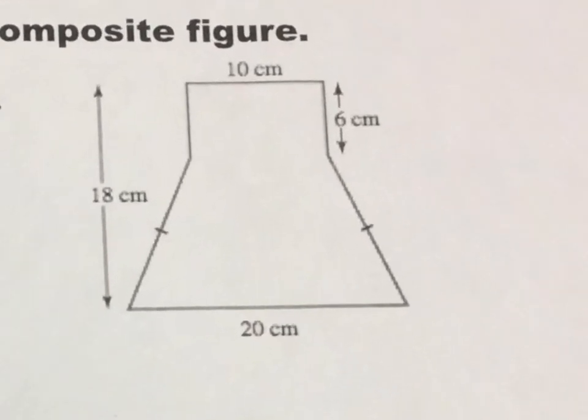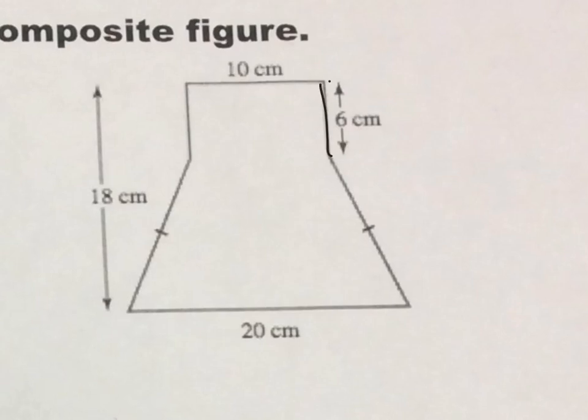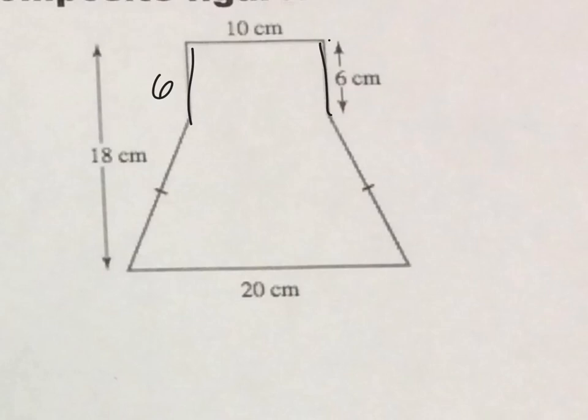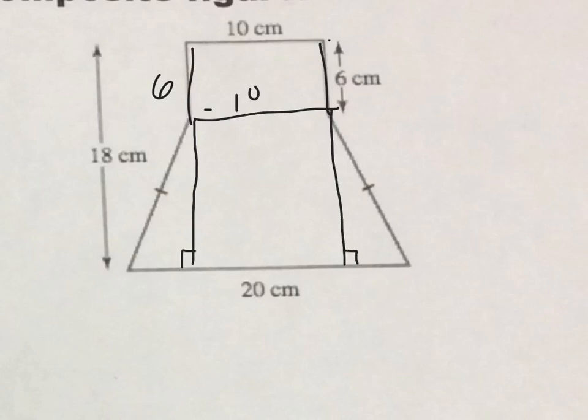Now we just have to find each side. This is a 6, so that makes this 6. Then we have to find these lengths right here. To find these lengths, we're going to use our handy-dandy Pythagorean theorem. We make a right angle here. We know this length is 10, so 20 minus 10 would be 10, and the leftover would be 5, so these have to be 5.